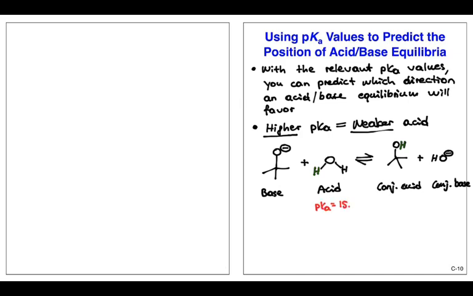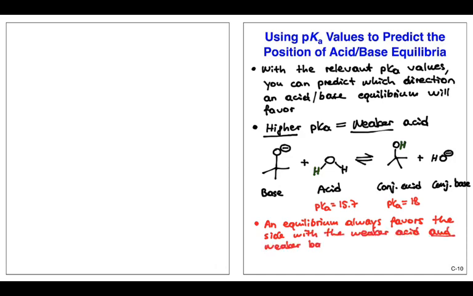next we can look at the pKa values for the two acids, the acid and the conjugate acid. You can look this up in the pKa table, which I'll also give to you on the exam. For water, the pKa is 15.7, and for t-butanol it's 18. Now the general rule is that an equilibrium will always favor the side which contains the weaker acid or conjugate acid and the weaker base or conjugate base.